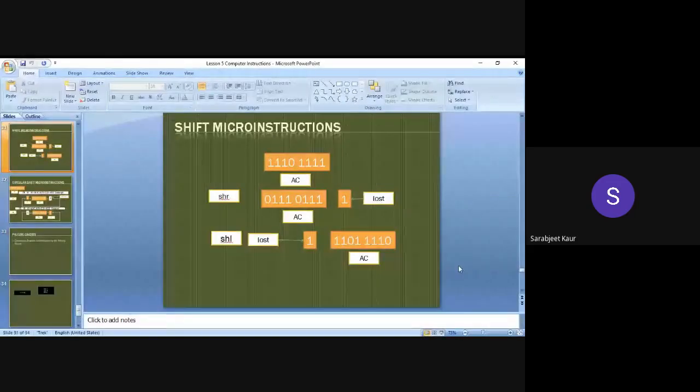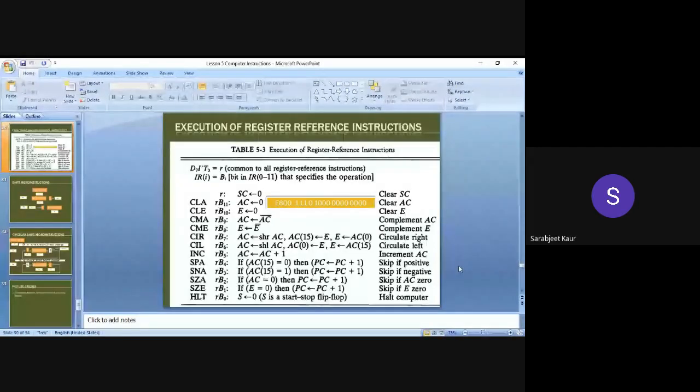So the agenda for today, as I told you, is to see the execution of the register reference instructions. Okay, so I had already explained to you what the register reference instructions are. That means any of the register reference instructions are executed when D7 is equal to 1 and I is equal to 0.